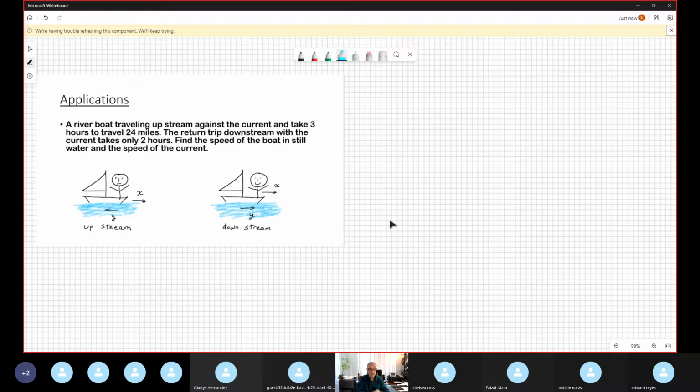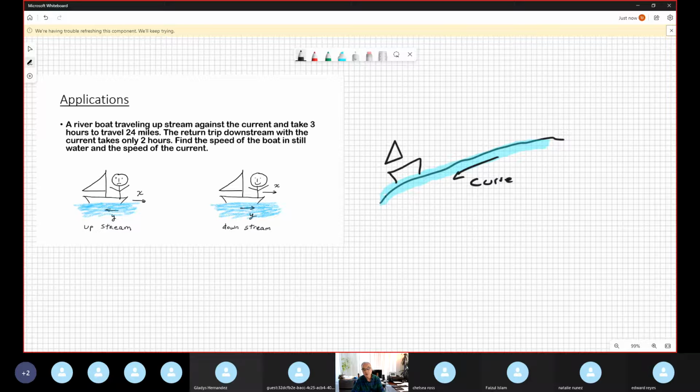So the situation is, we have a path that has some inclination, no? And the river travels in this direction. So it's obvious that our boat travels in the opposite direction. The current is obviously moving in that direction, because of gravity, like going down.